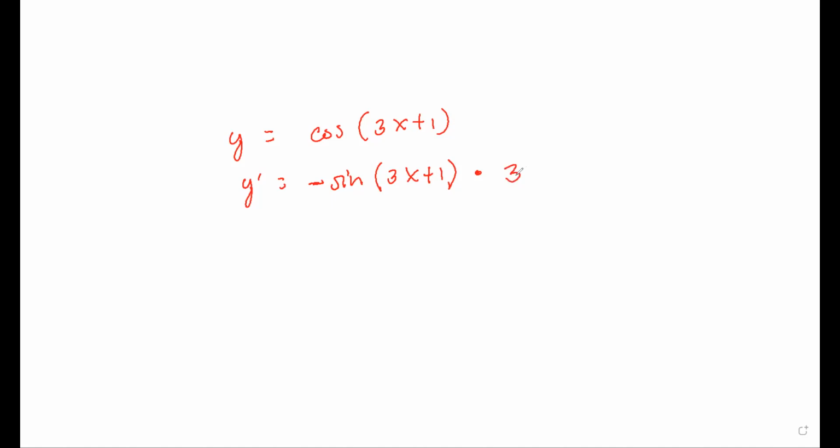Now, ibig sabihin, yung 3, minumultiply ko doon sa buong ito. Okay? Hindi dito sa 3x plus 1. Take note. Baka mamaya i-distribute nyo to, which is not correct. So, yung 3 doon sa buo. Therefore, ang y prime ko will be equal to negative 3 sine of 3x plus 1. So, that's the derivative of cosine of 3x plus 1.